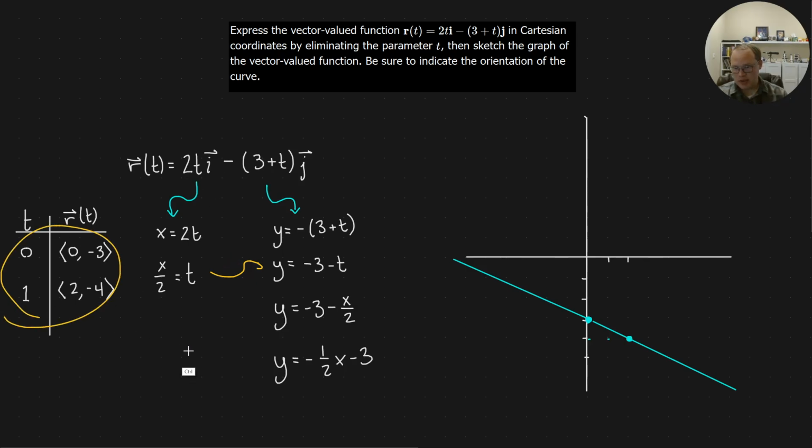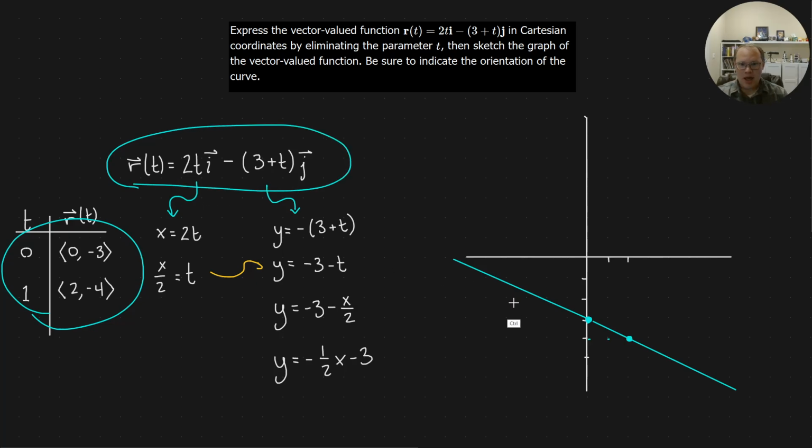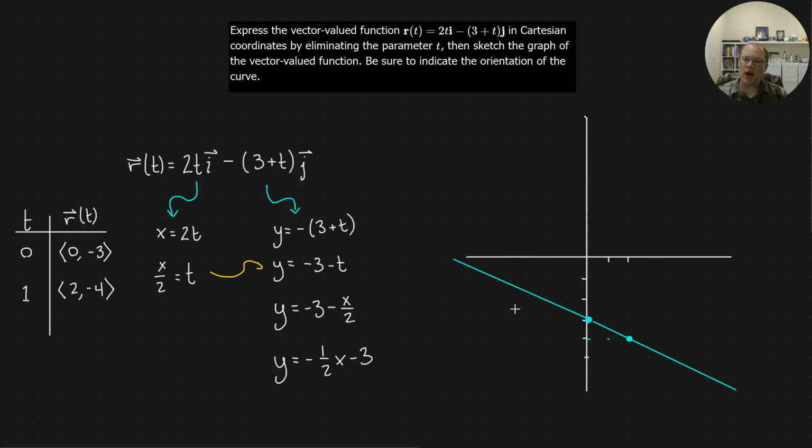In this case, I've already plotted it. I already have a couple points here. What we want to do is use the information here and at least describe the direction of motion. So when t is 0, I get (0, -3). That's this point here. And when t equals 1, I get (2, -4). Those happen to be the two points I already have plotted. This point was when t equals 0, and this point was t equals 1.